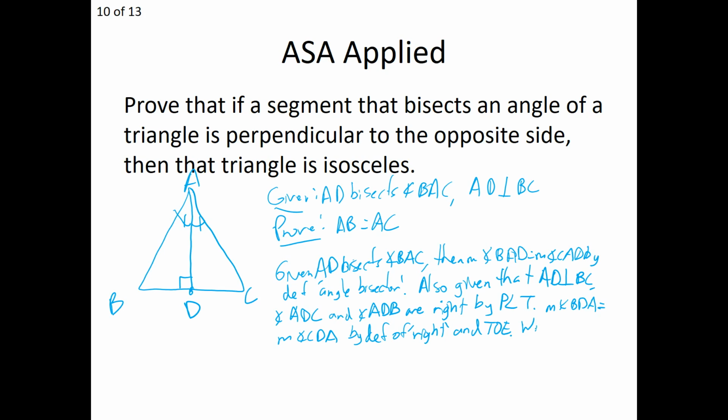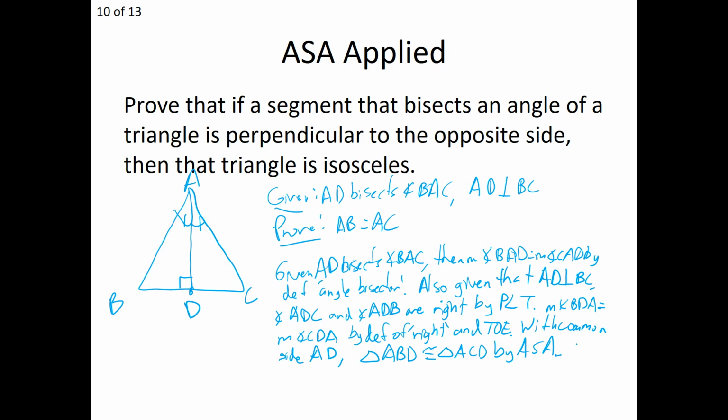Lastly, with common side AD, right? Look at our common side AD. I can claim triangle ABD is in fact congruent to triangle ACD by angle side angle.